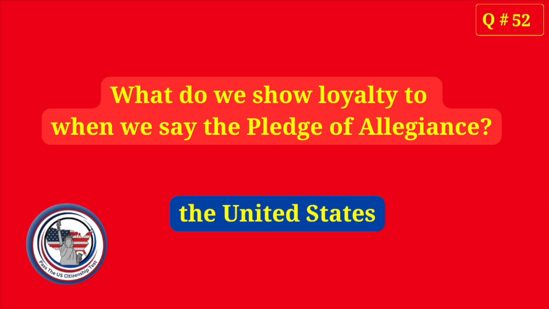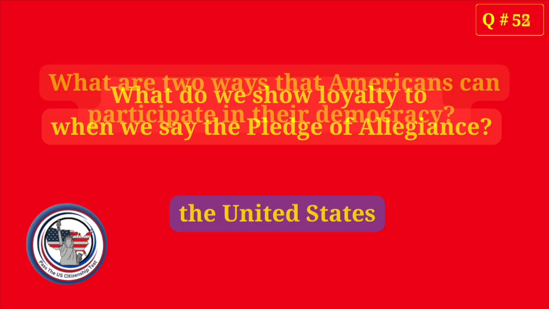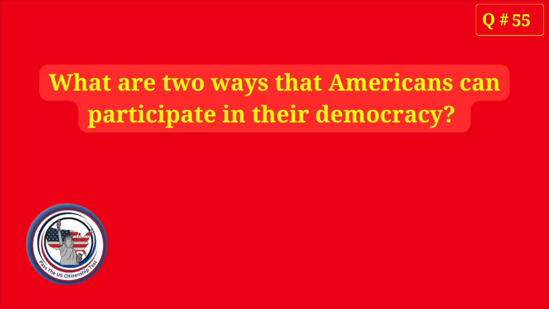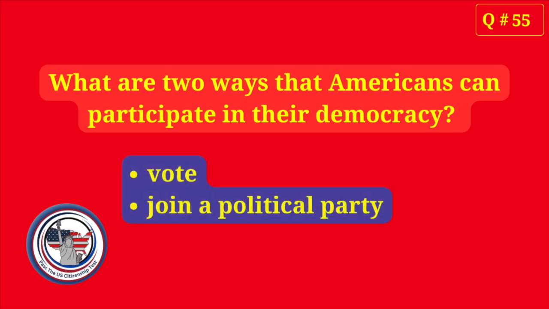The United States. What are two ways that Americans can participate in their democracy? Vote. Join a political party.